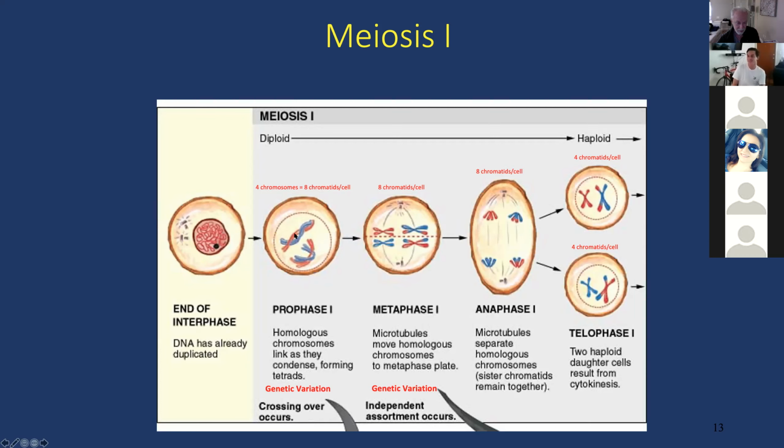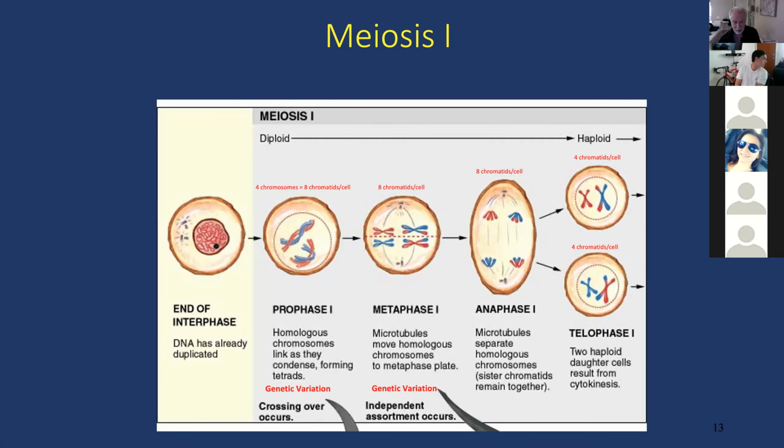So this is very important. It happens in every meiotic division. Crossing over occurs. Now, the other source of genetic variation occurs in what's called metaphase 1, where the chromosomes move to this metaphase plate, and they line up there, and the pole, the side of the cell they go to, is entirely random.